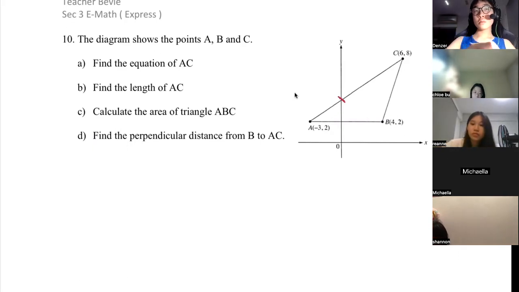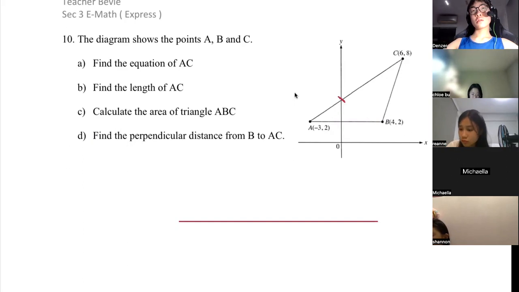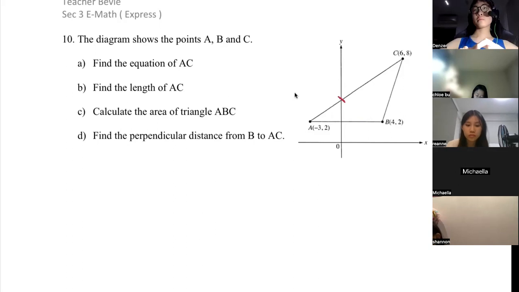Denzel, you got a gradient? Is it 0? 0 cannot be. 0 is this kind of horizontal slope, right? Michaela, you got your gradient? Rian?